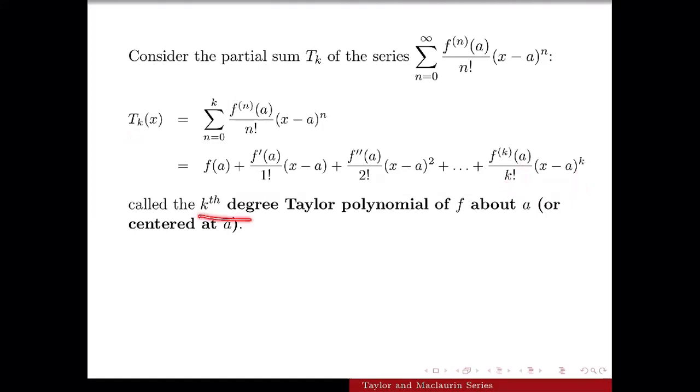We call this the kth degree Taylor polynomial of f about the center a.